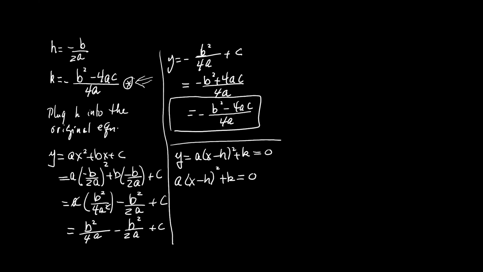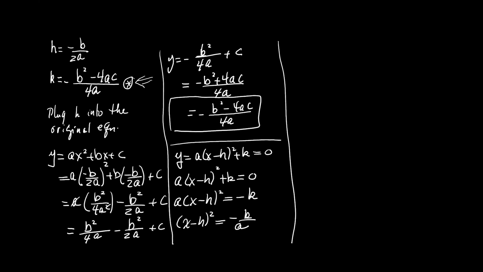Let me move the k over, and let me divide by a. Now, I can take the square root of both sides. So x minus h equals plus or minus the square root of negative k over a.